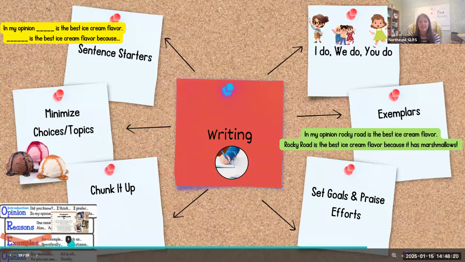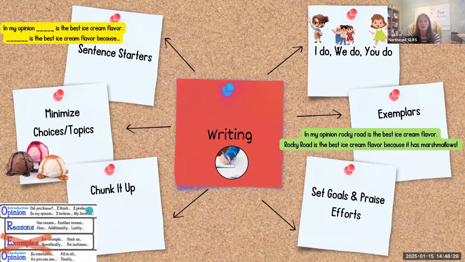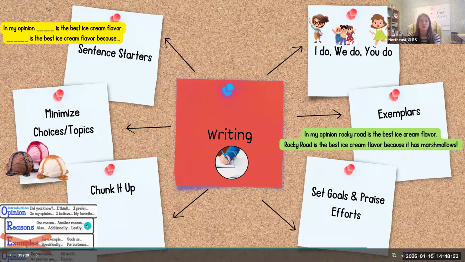I would not pull in examples until I know my students already have completed the first chunked up part, so that introduction and those reason sentences. Once they are able to independently take on this first part of the writing, then I would pull in those example sentences.